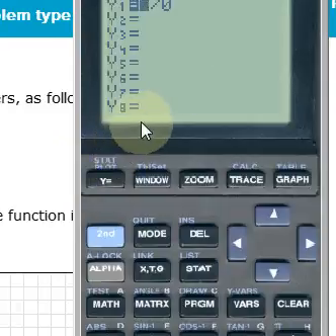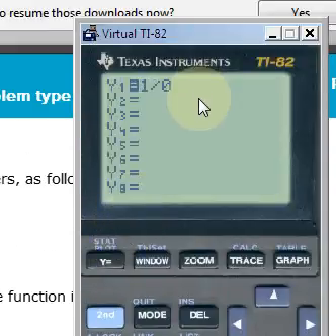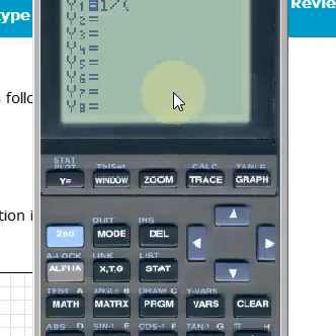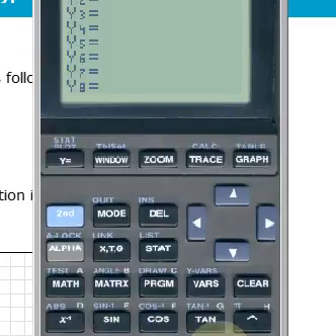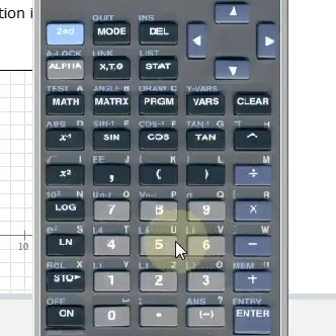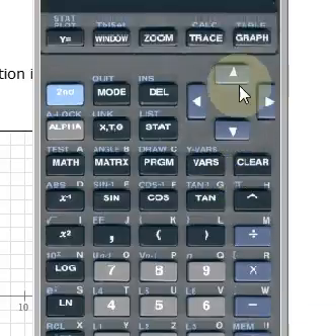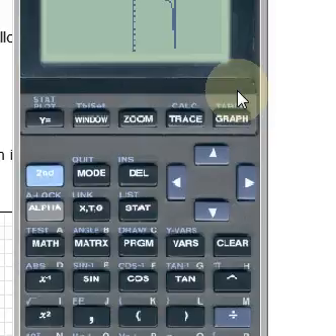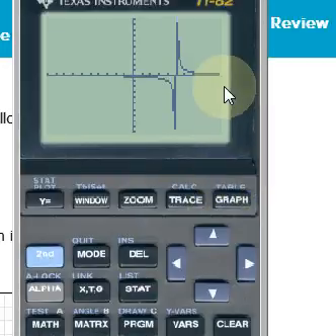Let's make it 1 over, in parentheses, x minus 5. As you can see, there are areas where it stops, and the areas where it stops are where it becomes undefined, or divided by 0.